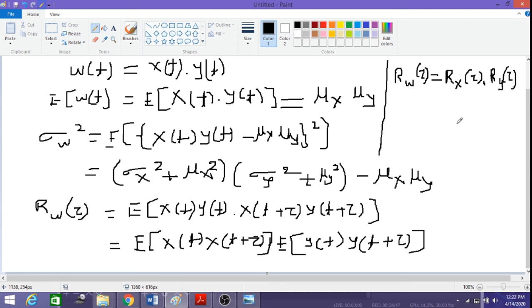You can see from this definition that it is a product of the autocorrelation of x with the autocorrelation of y if you multiply the two random processes, and if we add the two random processes, then it will lead to the sum of the autocorrelation of x with the autocorrelation of y if the mean is equal to 0. Otherwise the cross correlation will come into the picture there.